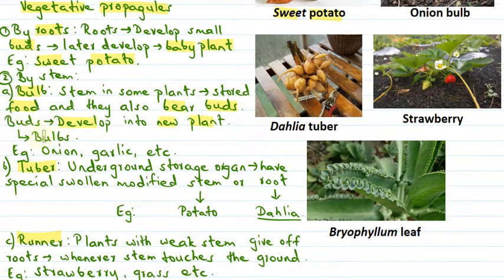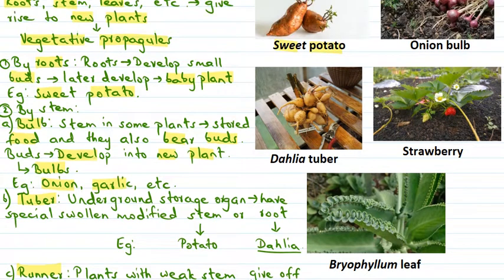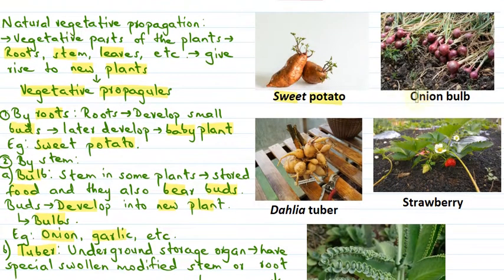These same buds are known as bulbs. This can be seen in onion, garlic, etc. Here we can see an image of onion bulb. So here the vegetative reproduction is taking place by these bulbs, which are a modification of the stem.